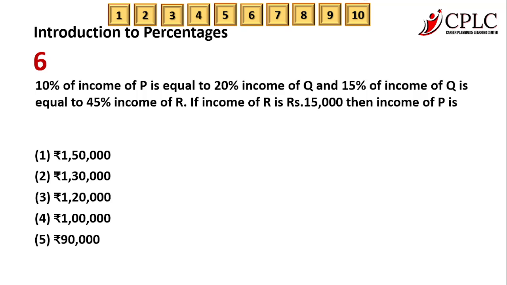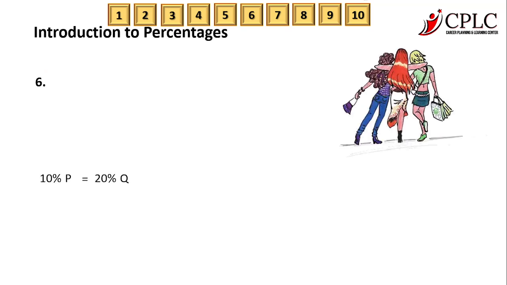So let's first formulate it. 10% of P is 20% of Q, and 15% of Q is 45% of R.